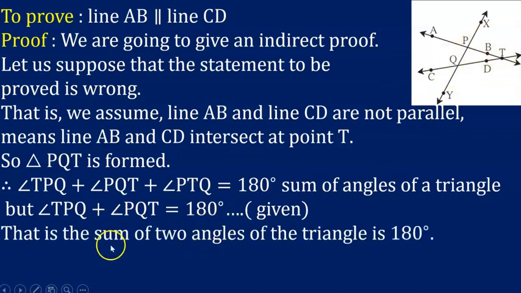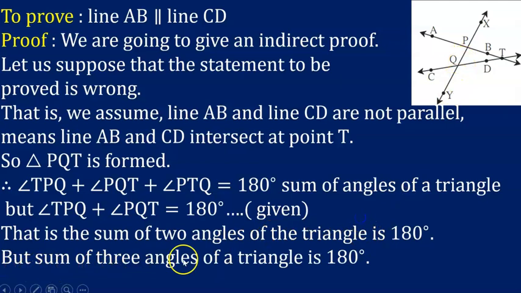This we have given. That is, the sum of two angles of the triangle is 180. But the sum of three angles of a triangle is 180. Then the measure of angle PTQ must be 0.